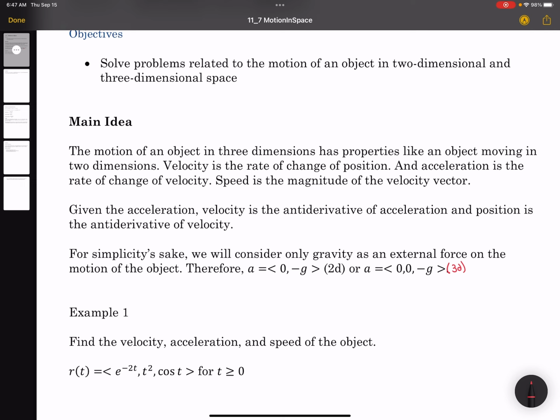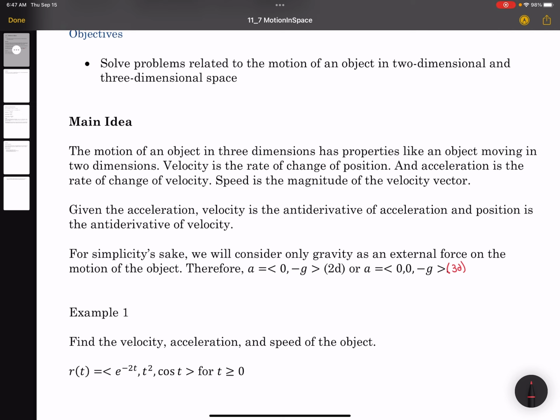So we should know from Cal 1 that the derivative of position is velocity and the derivative of velocity is acceleration. And if we're talking about speed, speed is going to be the magnitude of our velocity.